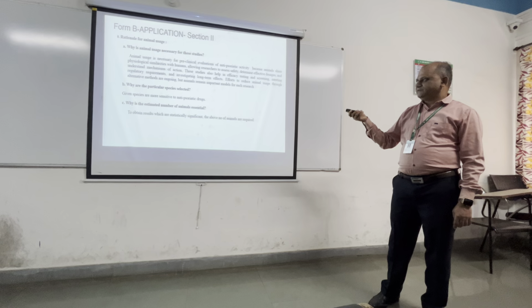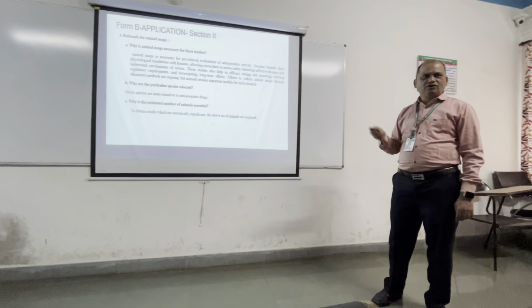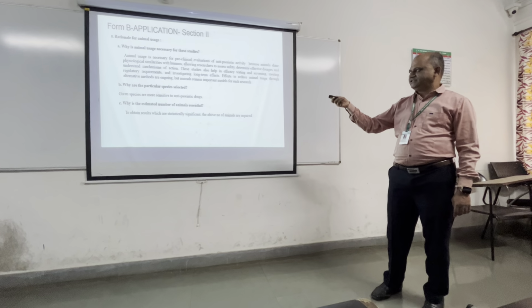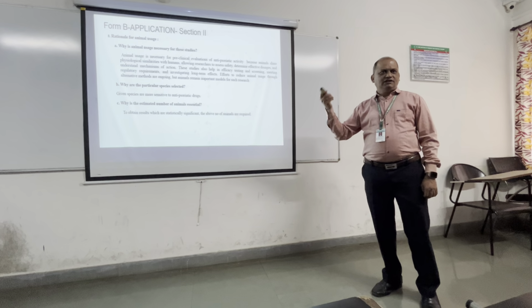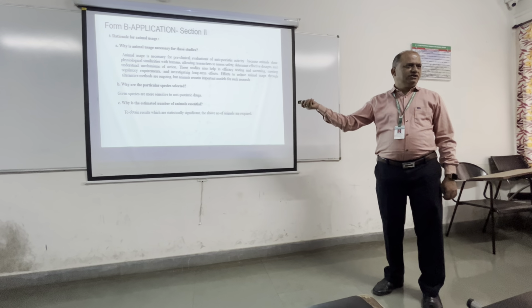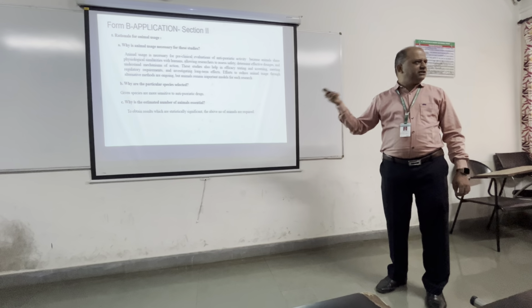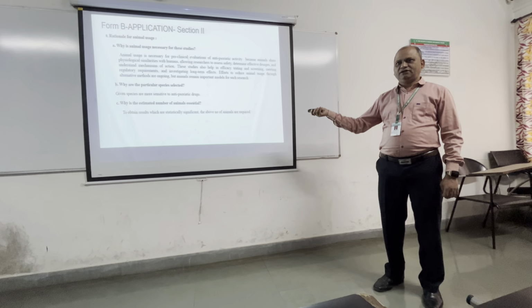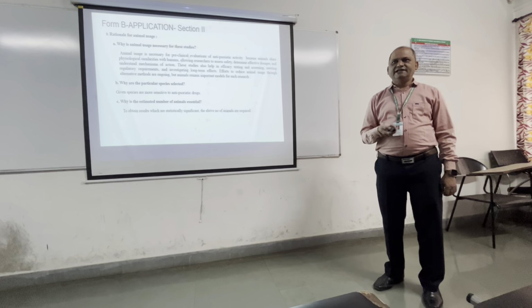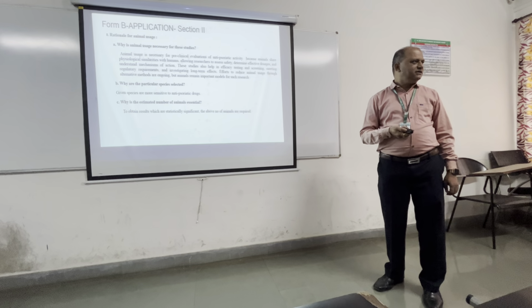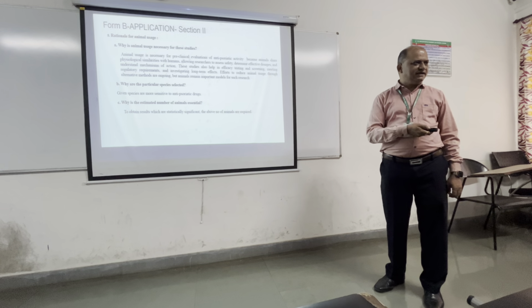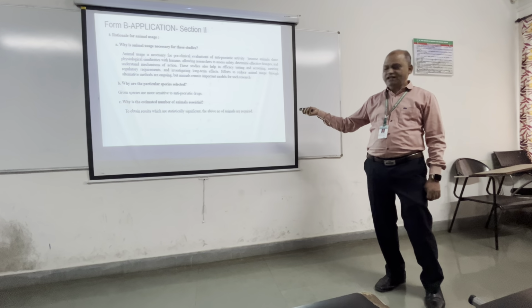Why the particular species is selected, that you also mention, because the given species is more sensitive to antipsychotic activity. Like for antihistamine, you will use the guinea pig, because the guinea pig is more sensitive to histamine. For mydriatic activity, the size of the rabbit eye is larger as compared to mice, and because of that we are going to use rabbits.